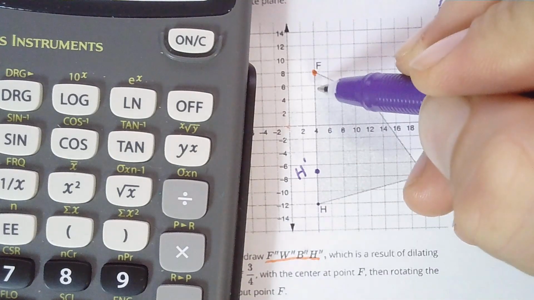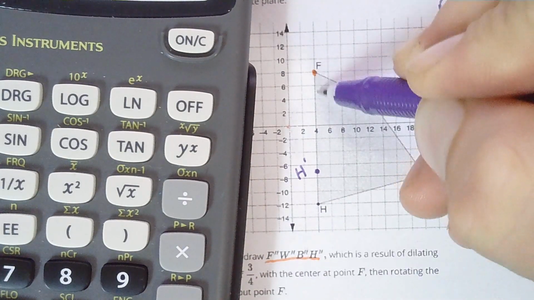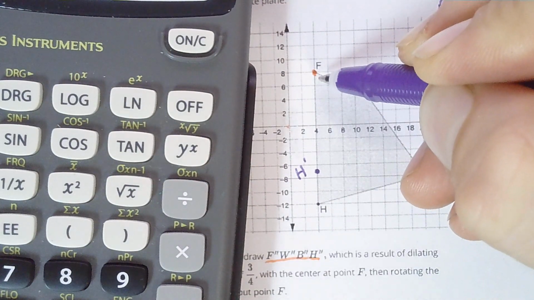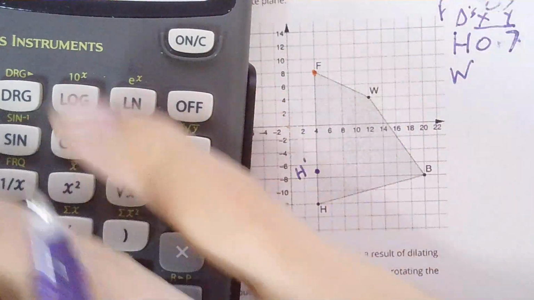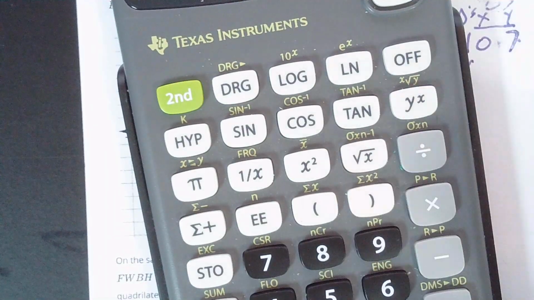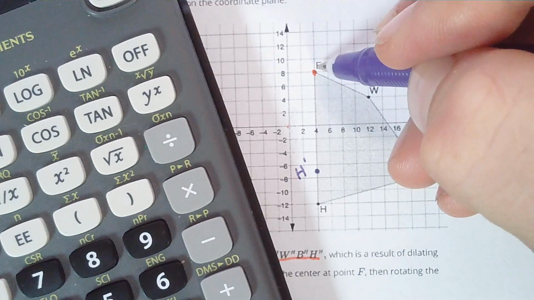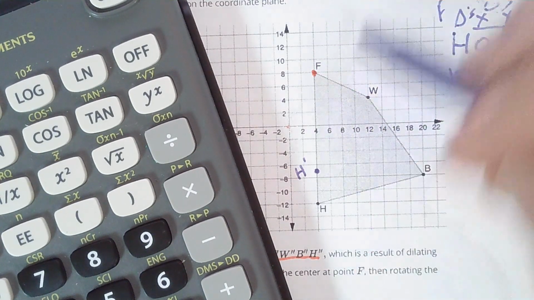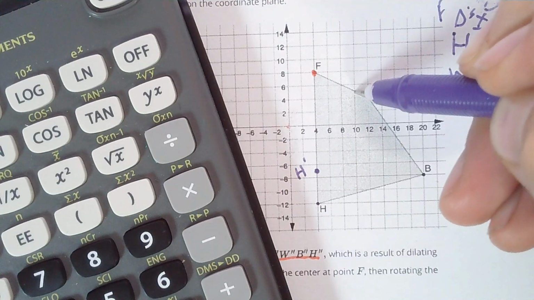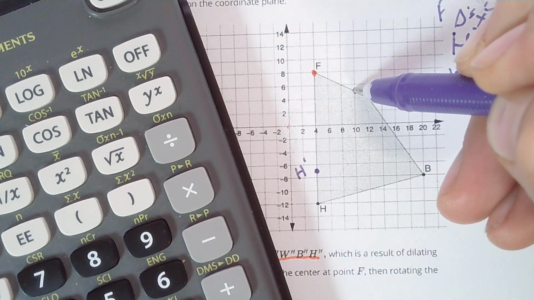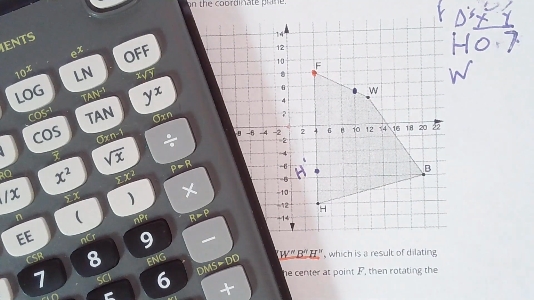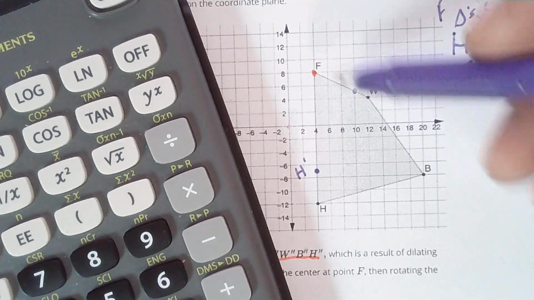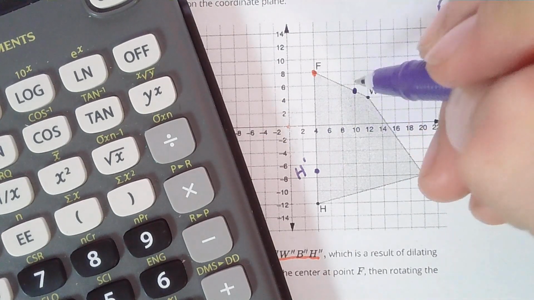So my value for here should be 6 away from f. So 6 plus 4 equals 10. My f value is 4, I need to go 6 from that, so it should be at 10. So it's going to be right there. Because it's a proportional change, I only need one of those. So this is going to be my new w value.